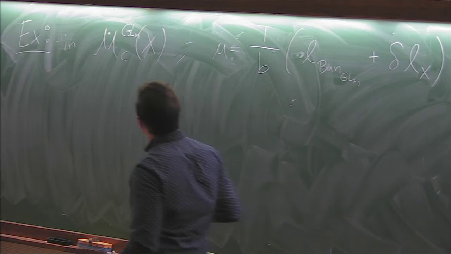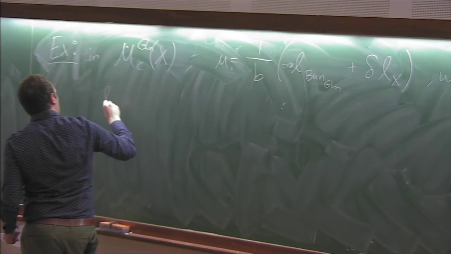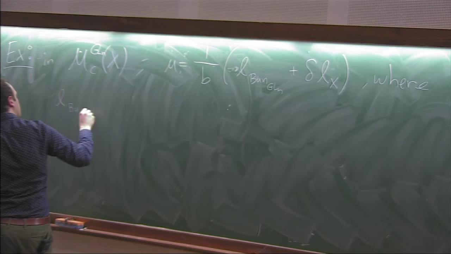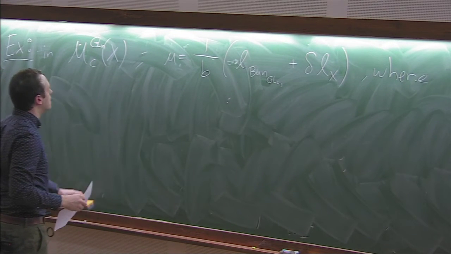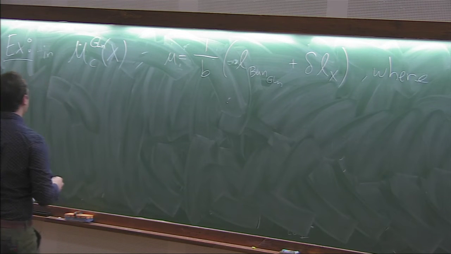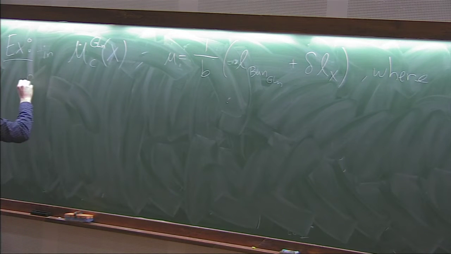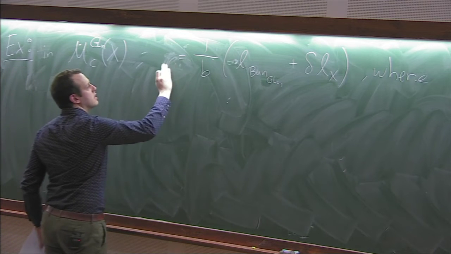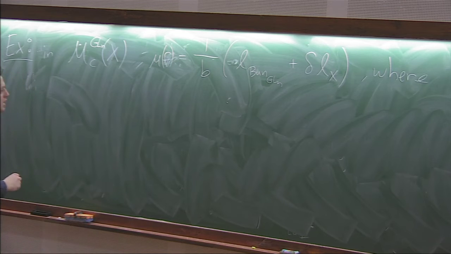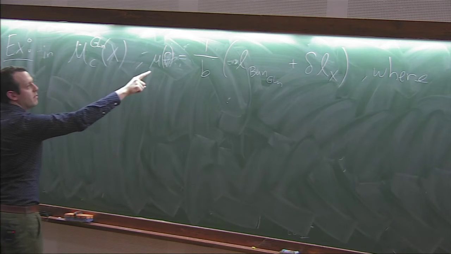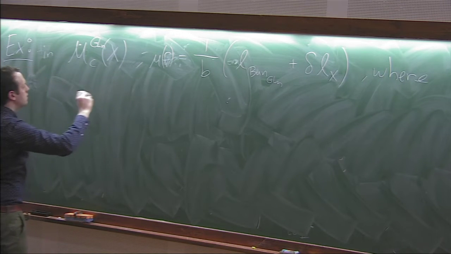So if given a filtration f, the value of mu on that filtration is this function. You can evaluate mu on any filtration and you get a number. So what number is it?